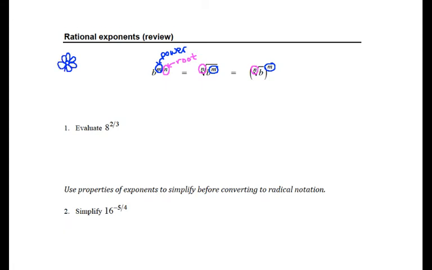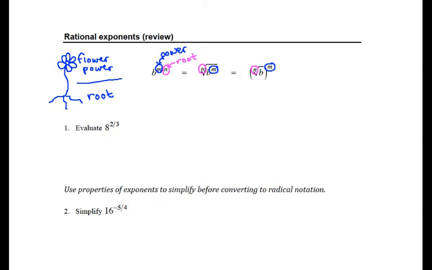Here we have a flower. On the top we have flower power. And on the bottom we have the root. So powers are like flowers. The root is at the bottom of the fraction.